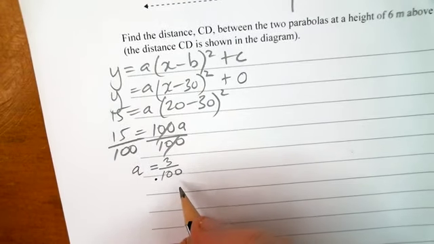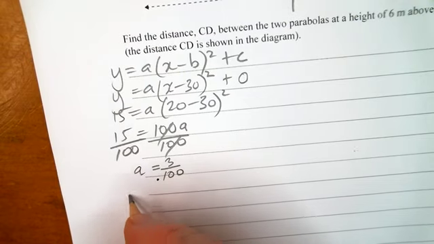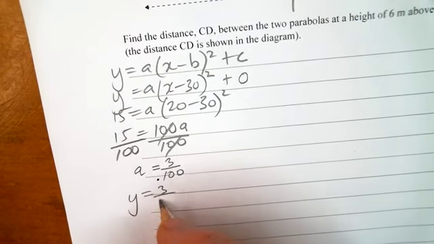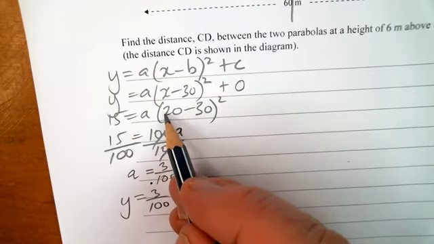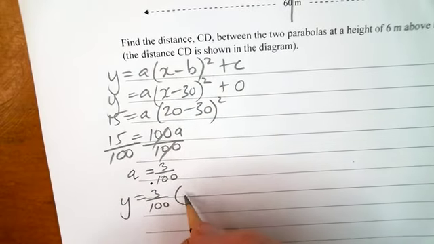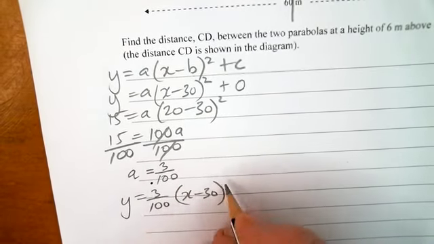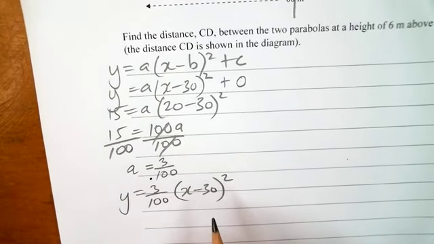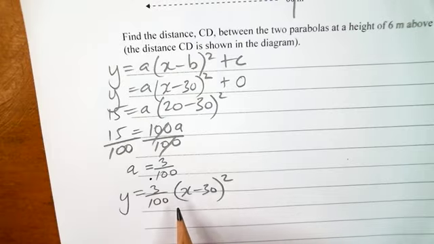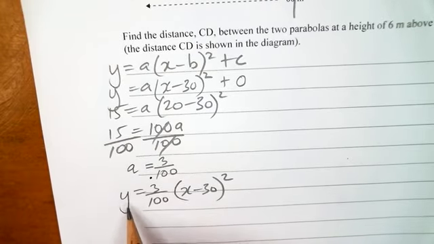So let's now go ahead and find the equation. y is equal to 3 over 100 times x minus 30 all squared, and that's really all there is to it, except that we know that the height is 6.